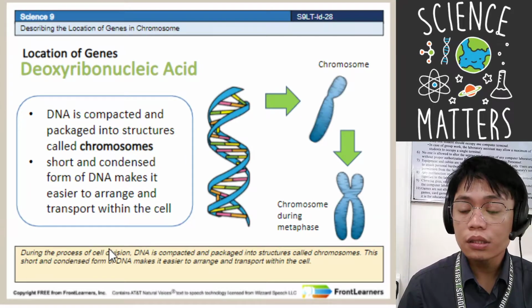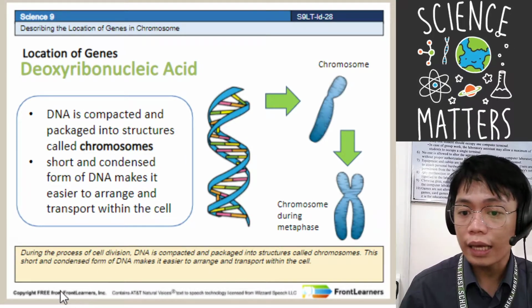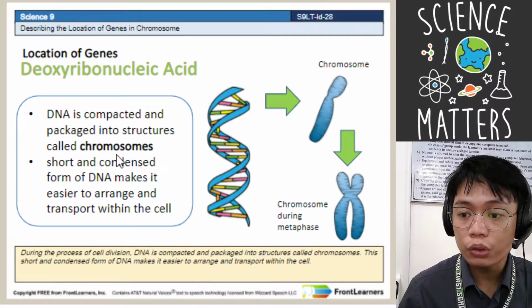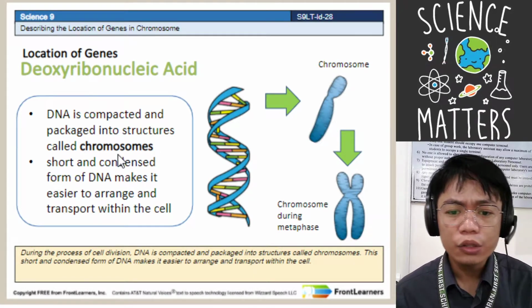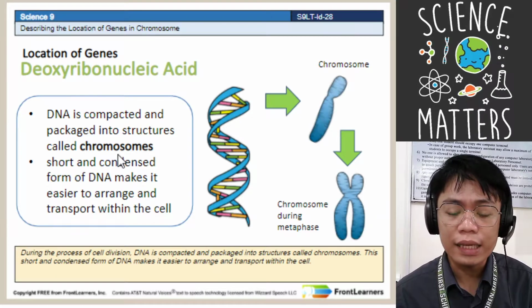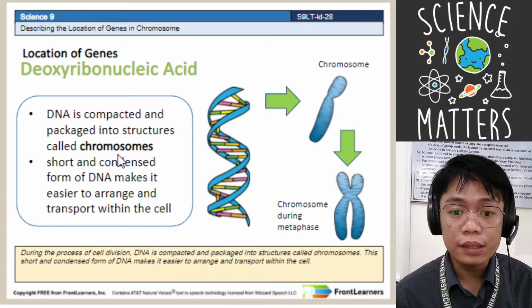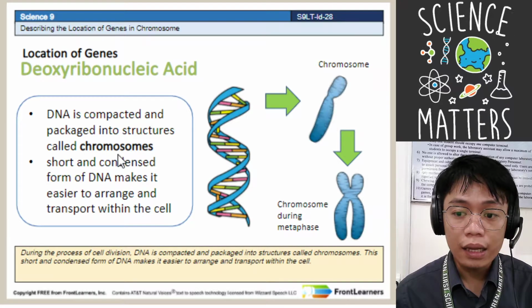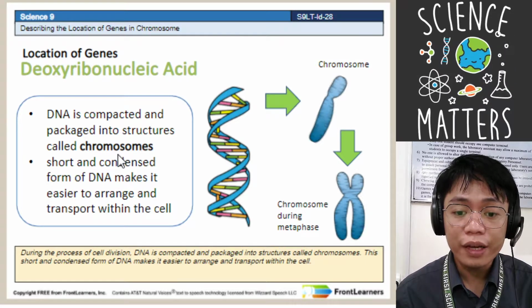To discuss further about DNA, DNA is compacted and packaged into a structure called a chromosome. Chromosome is very vital in cell division. We can find chromatin inside the nucleus.